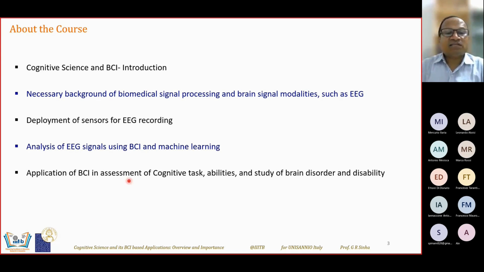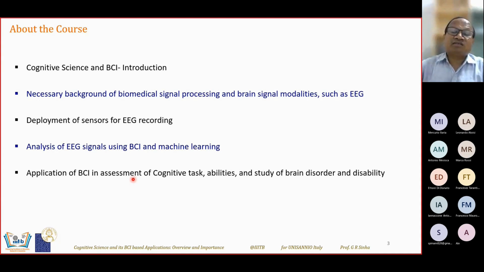And then the application of BCI. When we say application of BCI using AI, remember, cognitive science is a concept, a background. And BCI is an application interface that can be used in numerous applications.